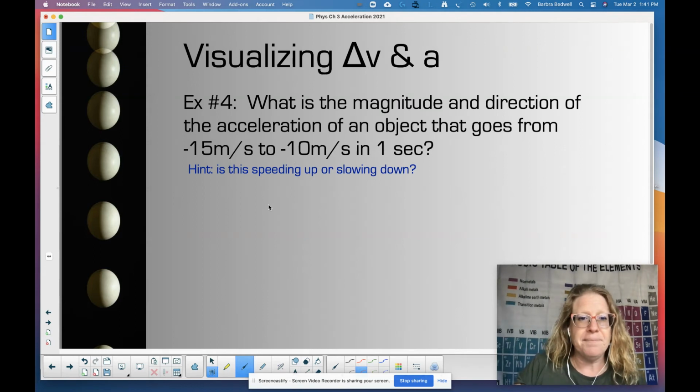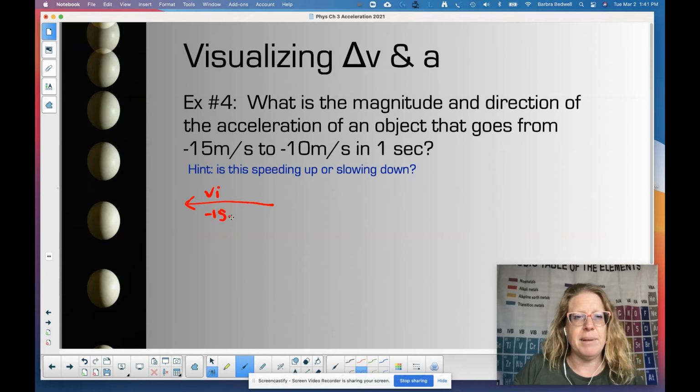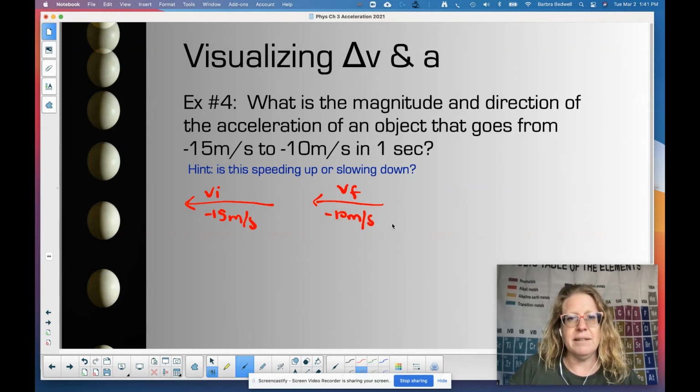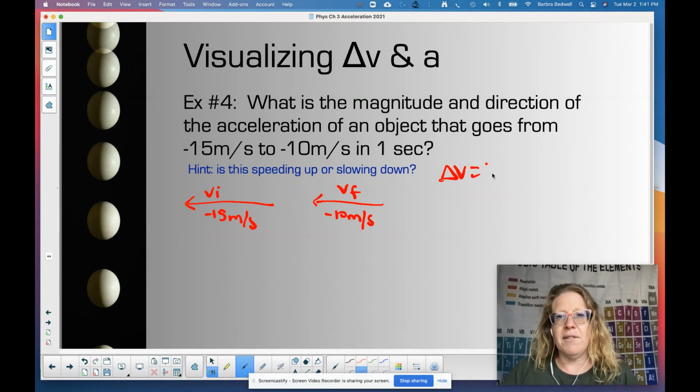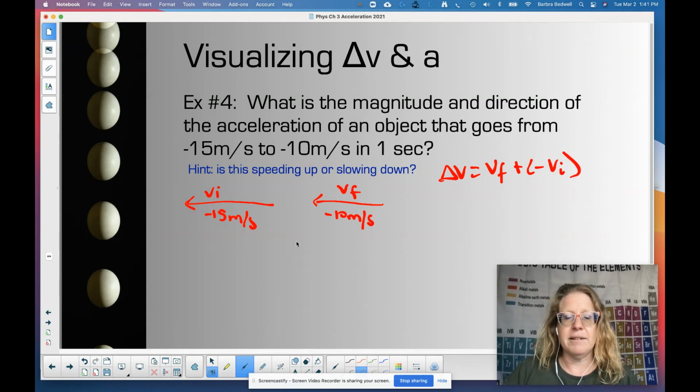So VI, there it is, -15 meters per second. And then VF, a little bit shorter. VF is -10 meters per second in 1 second. So, speeding up or slowing down? Okay, delta V is VF plus -VI.